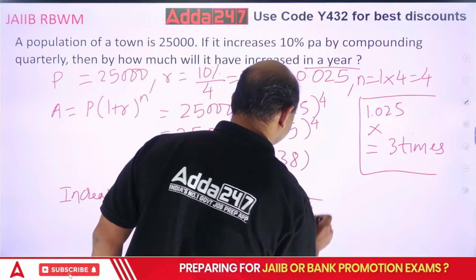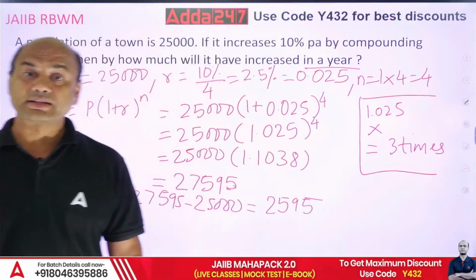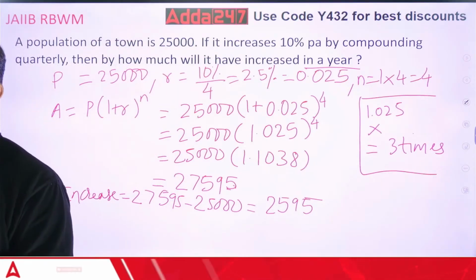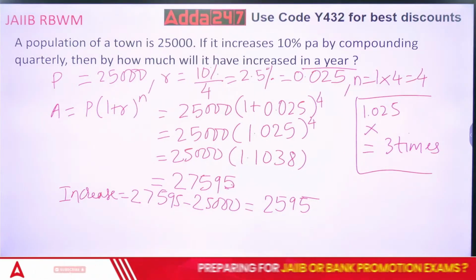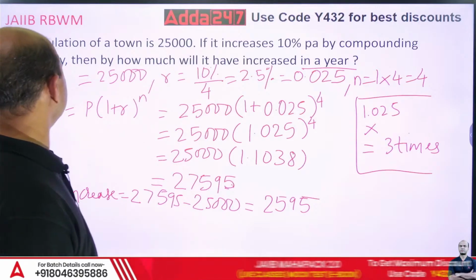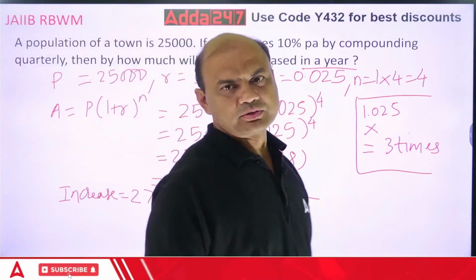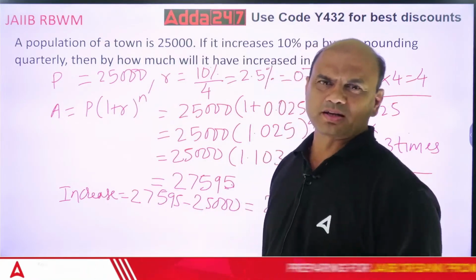Again, this will be the increase in the population in 1 year. Got it, everyone? This numerical is generally asked in the exam for 2 marks. Okay, this is a 2 marks numerical, so don't miss it. Watch it completely.